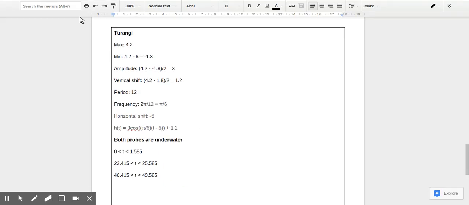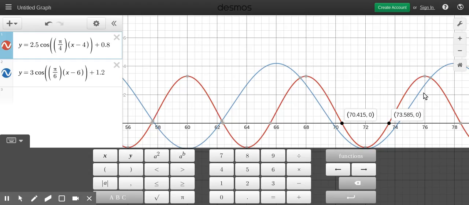I'm just going to do one more. So between 70.415 and 73.585. So I'll show you how I got that. So I did these last 2 points here.